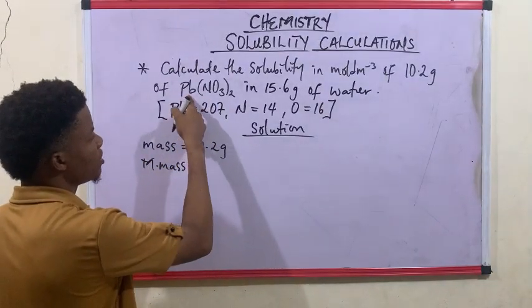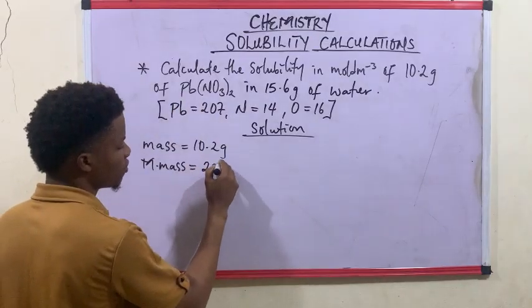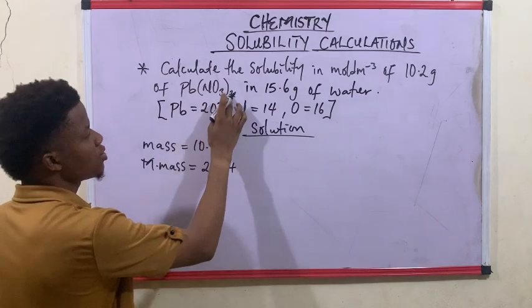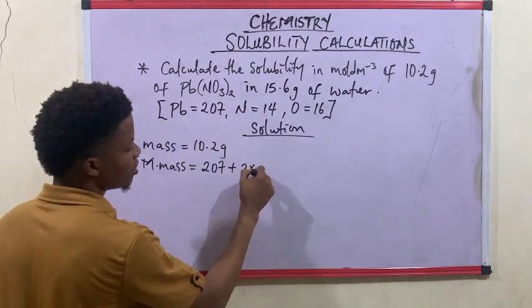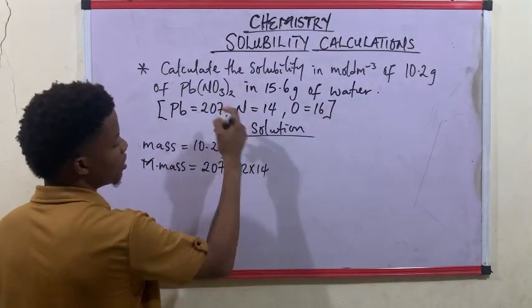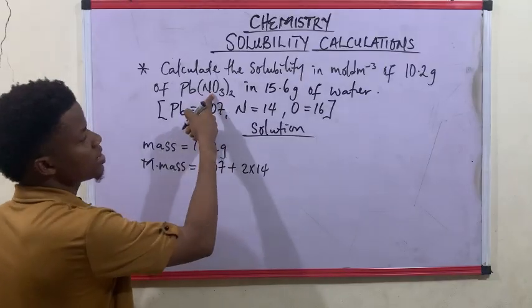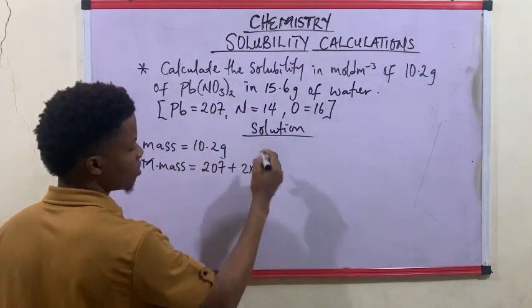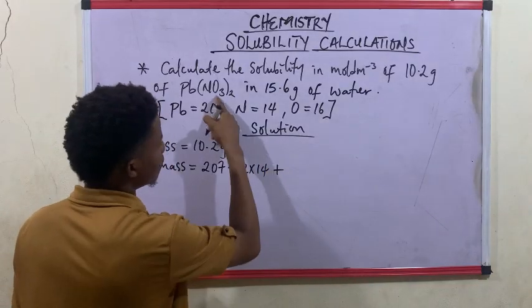Lead, Pb, is 207. So 207 plus 2 times 14, because nitrogen is 14. Then oxygen is 16, and 16 times 3 is 48. Times 2, for the outside one, so plus 2 times 48.